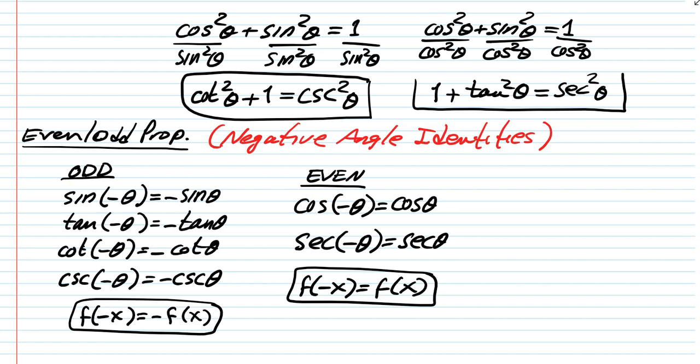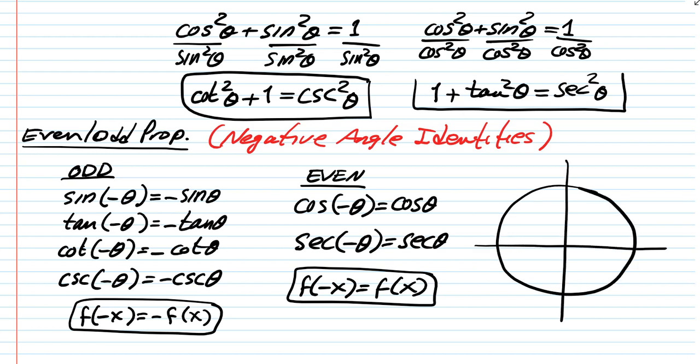Now to show you how this works for, let's say, one of them, suppose I have here my unit circle, and here's the point (x, y). The x component, remember, is cosine, the y component sine. Here's the positive angle theta, and this would be the negative angle theta.